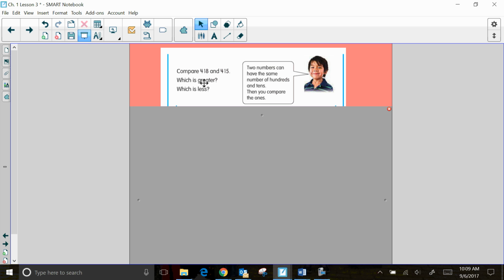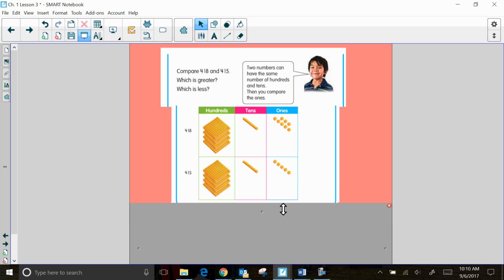When we compare numbers that have the same place value in the hundreds and the same place in the tens, then we have to go all the way to the last place value, which is the ones. Comparing 418 and 415. Breaking out our numbers, we have 400s, 400s, 10s, 10s. So far, we're the same.